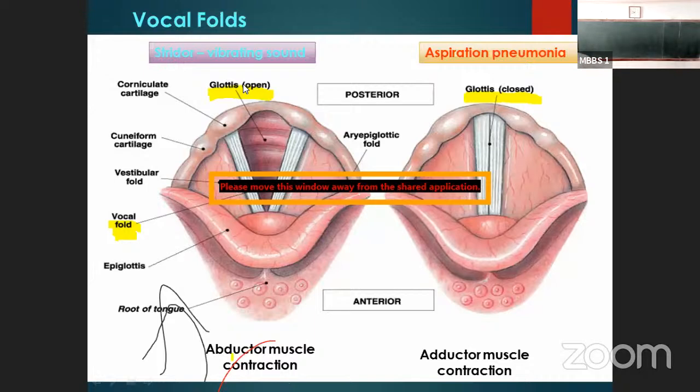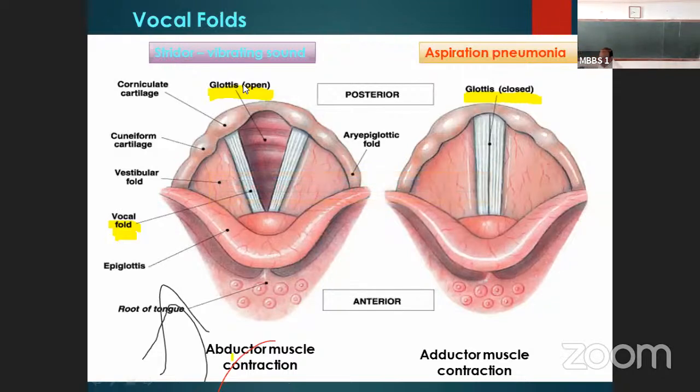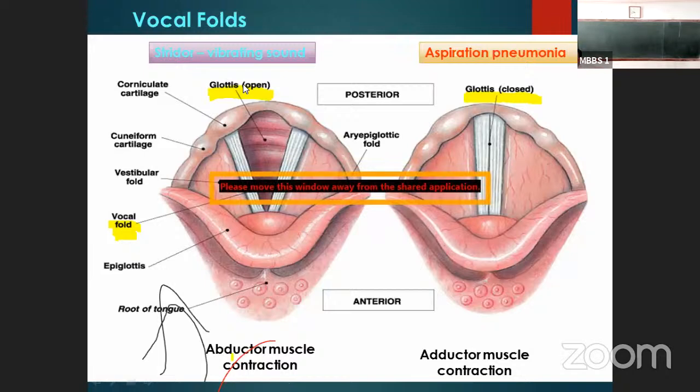If the food or the water enters into the trachea, the condition is called pneumonia. Is it clear? What happens actually? If there is no proper closure of this glottis when there is food intake, then some food will enter into the trachea and it will cause pneumonia. As it is due to aspiration, it is called aspiration pneumonia. Is it clear? You understood about this?